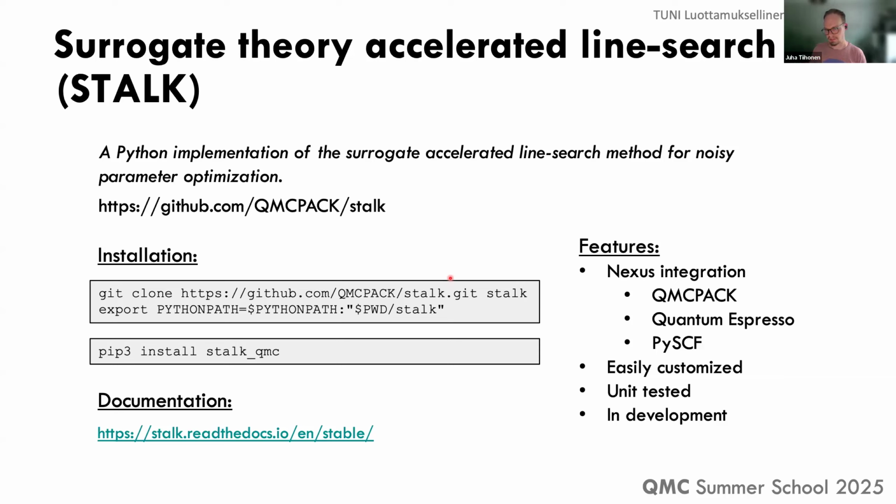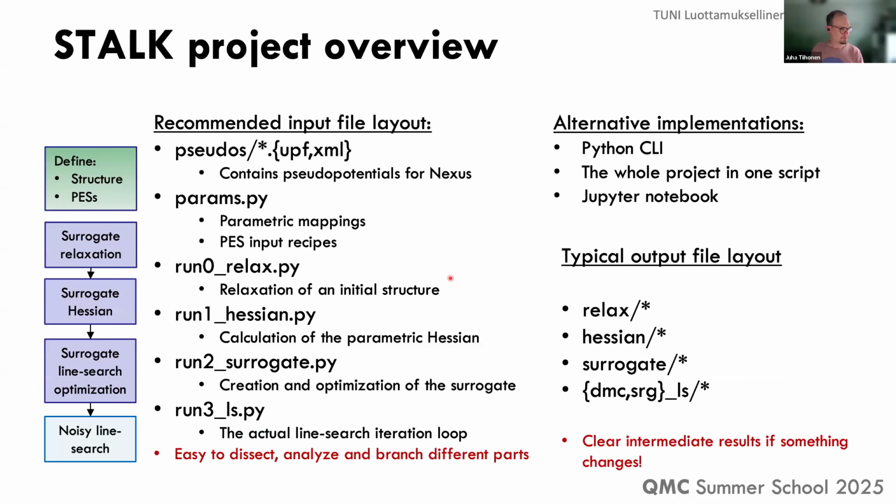It's easily customized, which is a positive way of saying that it needs a bit of setup to operate. On the other hand, it's unit tested, but it's also in development, so the edges may be rough at points, but I would be very glad to lend a hand in starting its usage if you face difficulties. So I suppose I have a few moments to talk about setting up a STALK project.